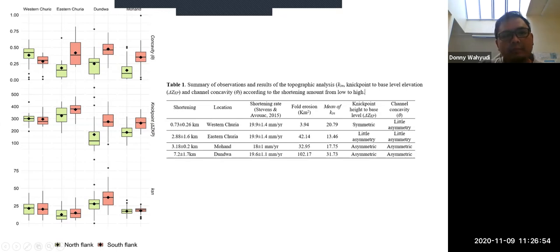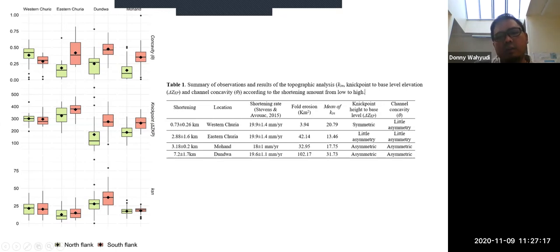For the concavity, in Western Churia, somehow it has a higher concavity in the north flank compared to the south flank. And in Eastern Churia, Dundwa and Mohan, all the basin concavity values are higher on the south flank.